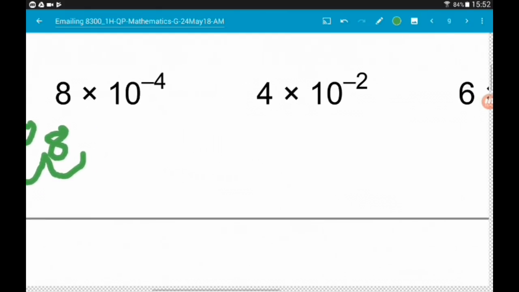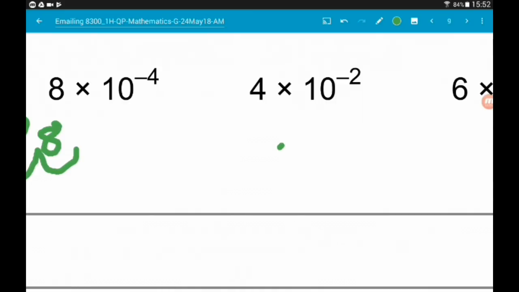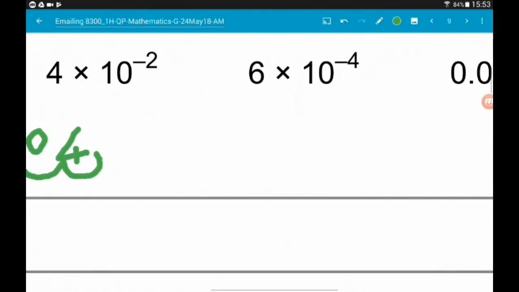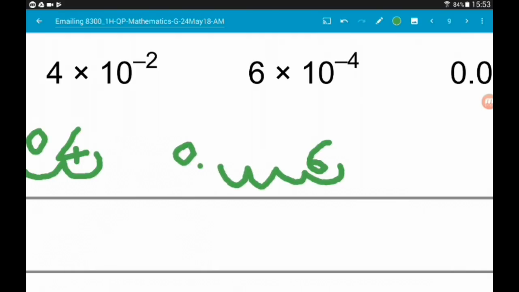4 times 10 to the minus 2 is 4, with the decimal having gone 2 places to the left, so it's 0.04. 6 times 10 to the minus 4 is 6, with the decimal going 1, 2, 3, 4 places to the left.